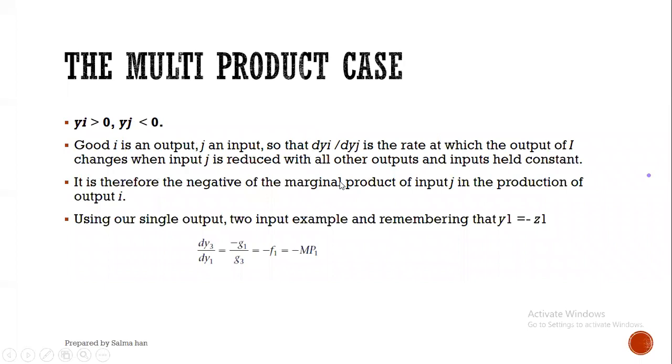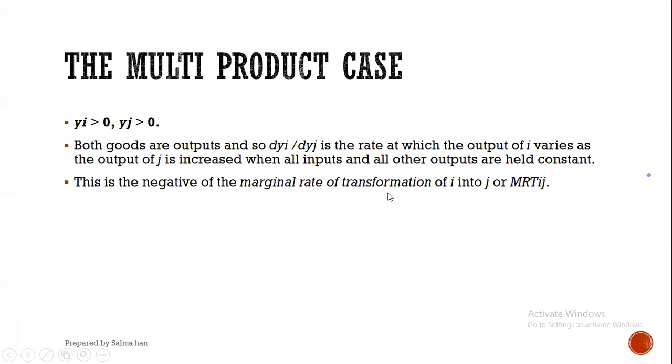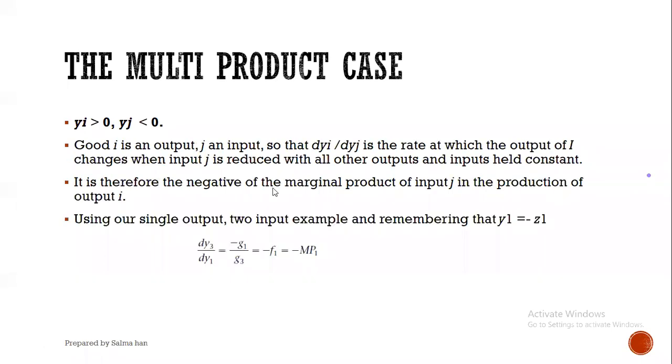Therefore, in this case, we will have the marginal rate of transformation, and of course, it will also be negative in value. Now, in the second one, when we are studying the rate of change of an output to the rate of change of an input, then we get the negative of the marginal product of input j in the production of output. Clear?